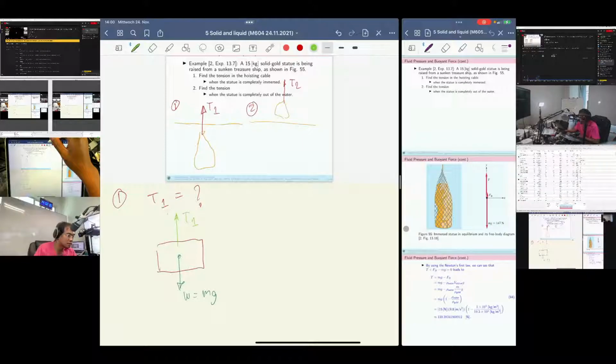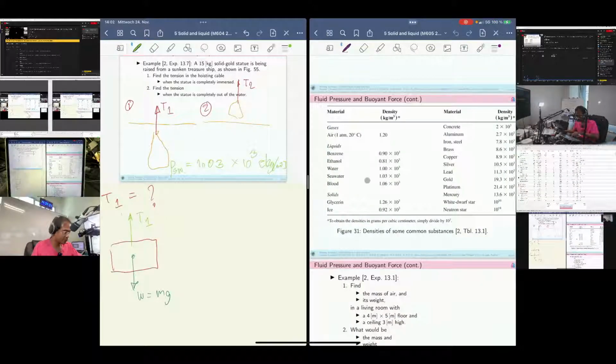Because in the book they use the density of the pure water. I think it's not correct, right? Because the statue would not be thrown away inside pure water. It should be in the ocean or in the sea and so on. So we have to use the seawater density, which is right here.